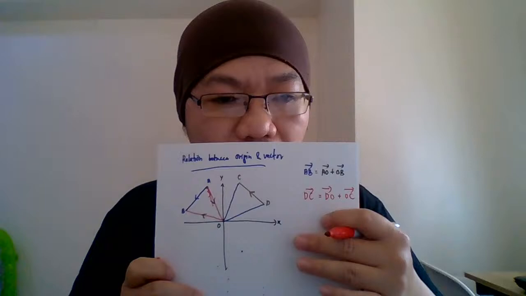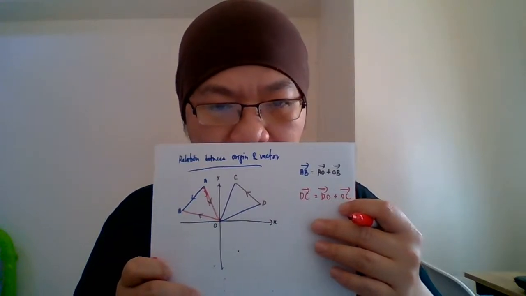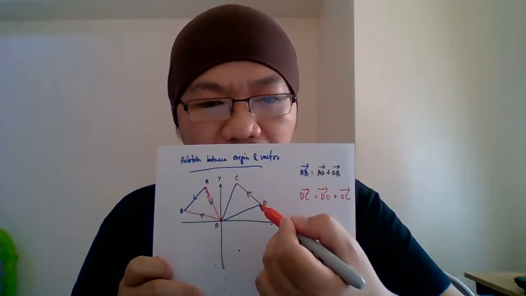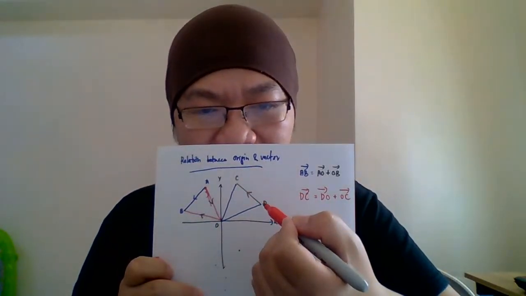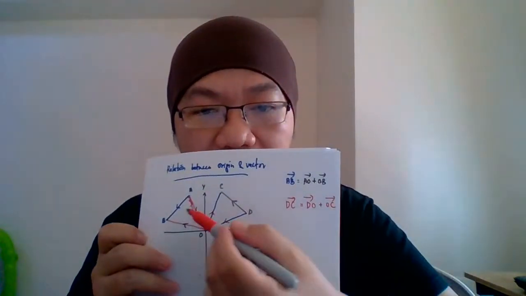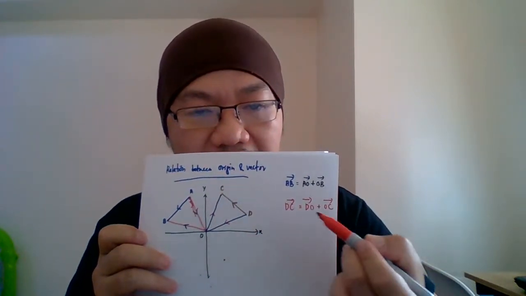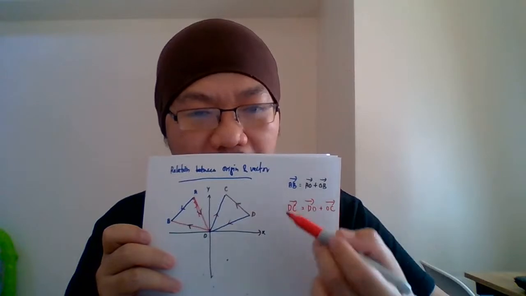So the letters here are O and O. That's how you find the vector DC. That means to find the vector DC, you must move from D to O and then from O to C. That is how you solve the problem.